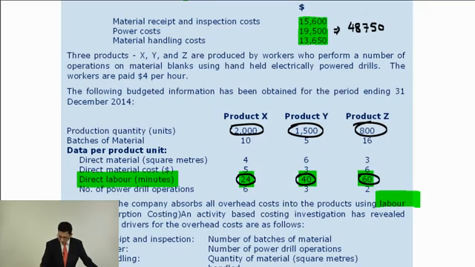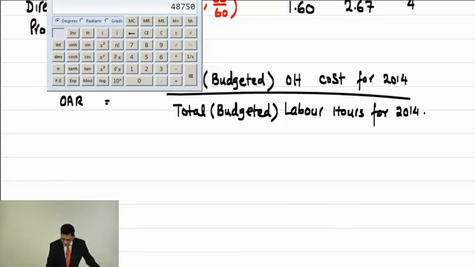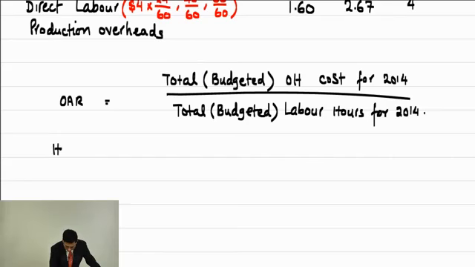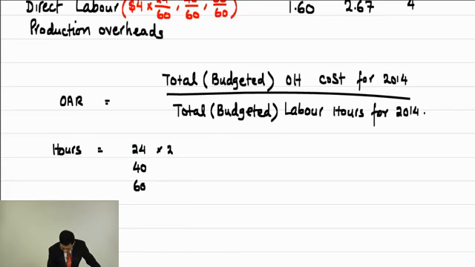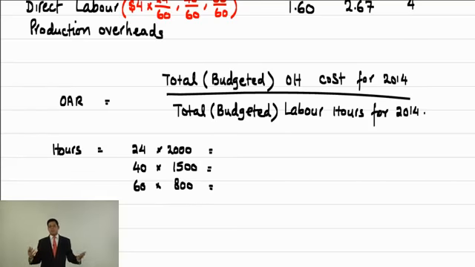So here we go, 24, 40 and 60 for each product, multiplied by 2,000, 1,500 and 800, and we will get the total budgeted labor hours for 2014.